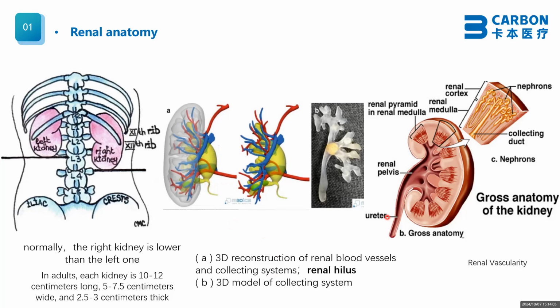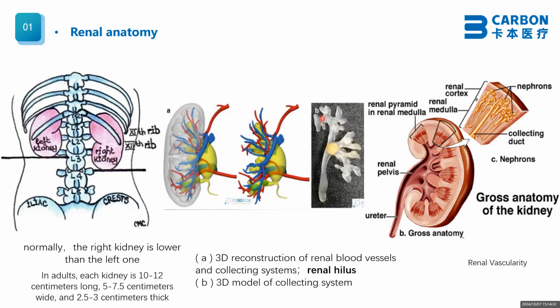We can see this part is the renal hilum. There is some problem, so the urine can't go out. So the renal pelvis is extended, and this is the other 3D reconstruction.